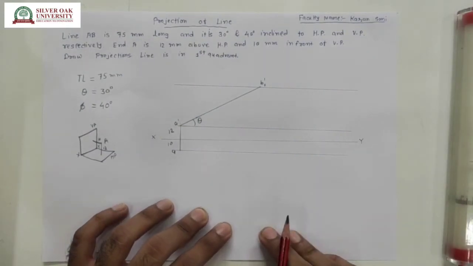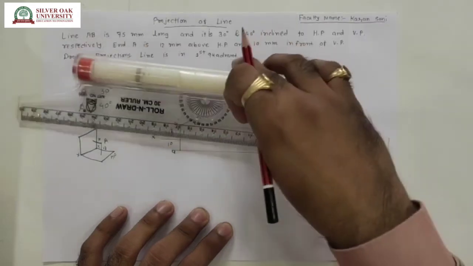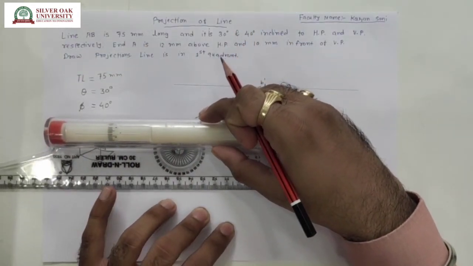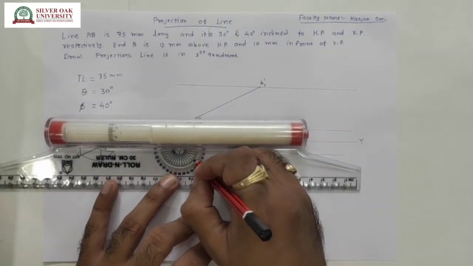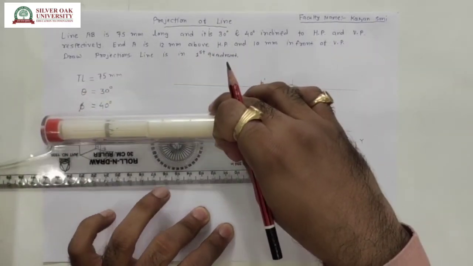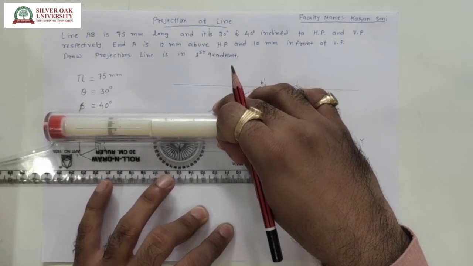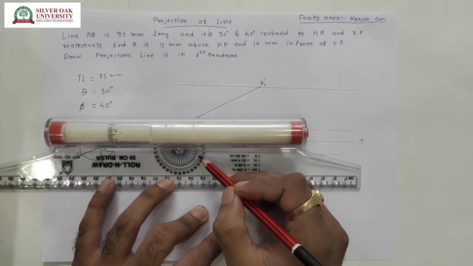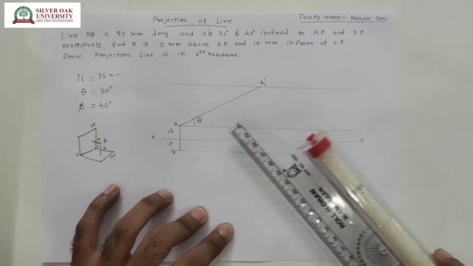And also the angle phi is given, that is from the point A we can draw. So now from the point A, the angle phi, that is 40-degree incline. So this is the point at 40-degree incline. So at 40-degree, I can draw a line that is 75 mm long.